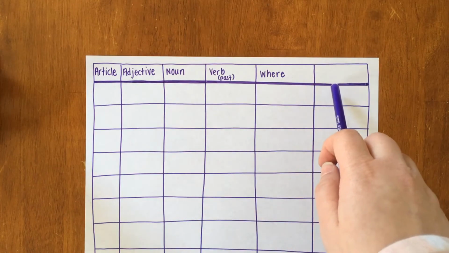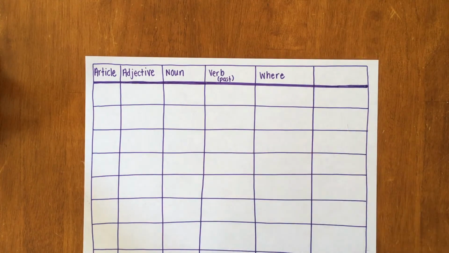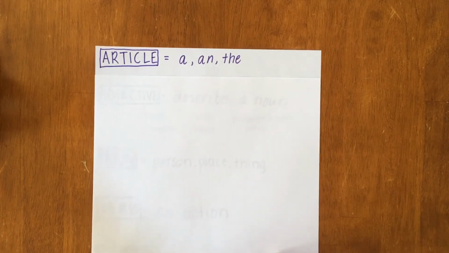And for some of you, a when phrase as well. So first, I wanted to take a quick minute to just review what all of those parts of speech look like and how we use them in a sentence, just to give us a nice background knowledge before we start.